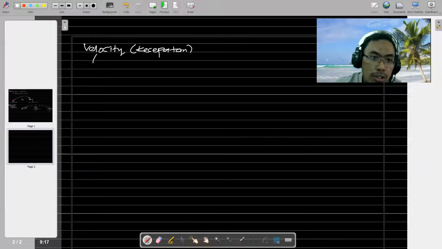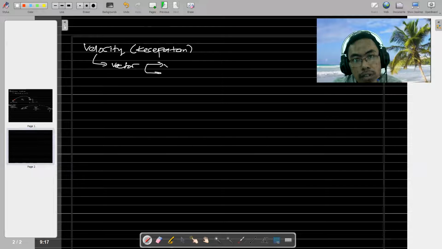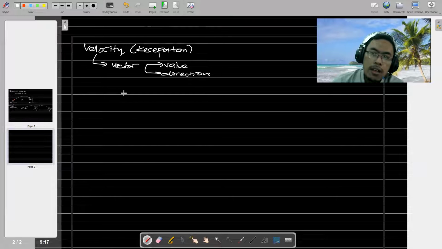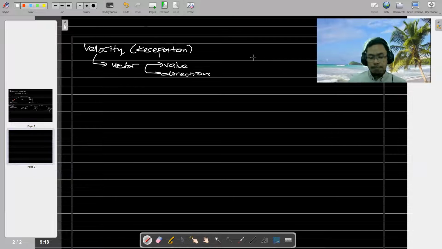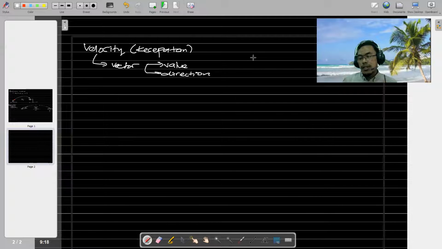So velocity is a kind of vector, so it will have value and also direction. In the concept of physics, if we are dealing with a vector which has direction, we can also divide the vector into its components.